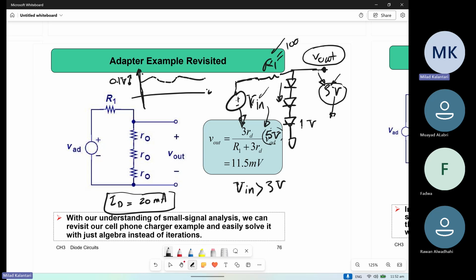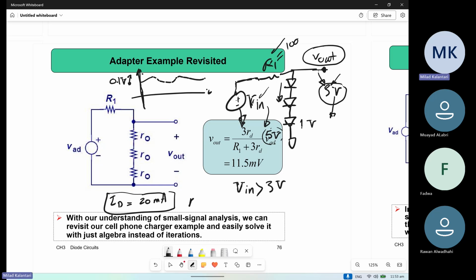The small signal of these diodes, as we mentioned, is some sort of resistors, right? There are 3 series resistors, and the resistance value of the diode depends on the operating point of the diode. So the diode bias at what? 20 milliamp. The operation region of the diode is actually 20 milliamp, the IDQ, the bias current.